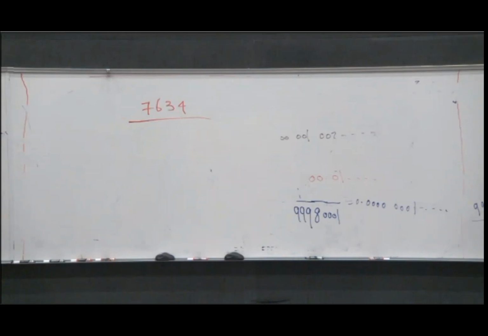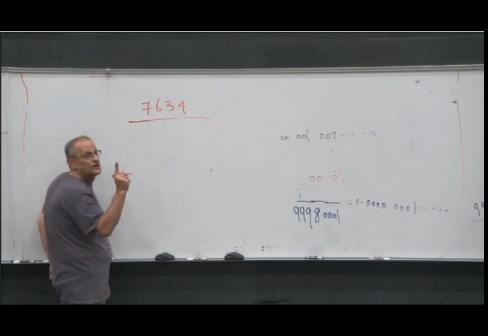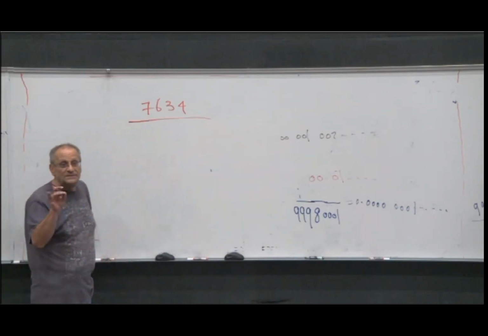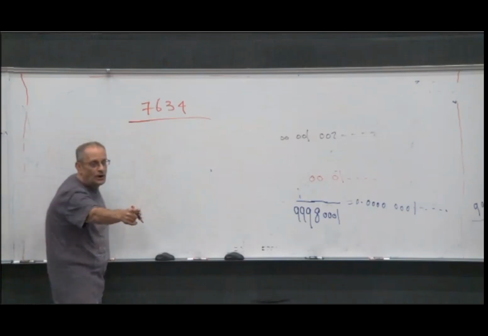Now give me the numbers. 3 numbers. Remember that they should be distinct, and you should not have 3 in it. Go ahead. One by one.